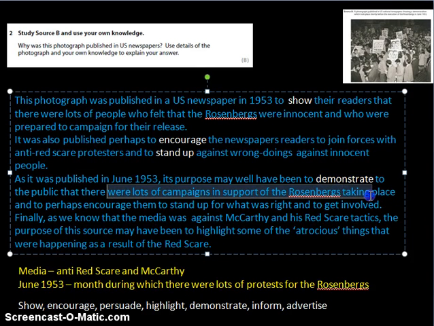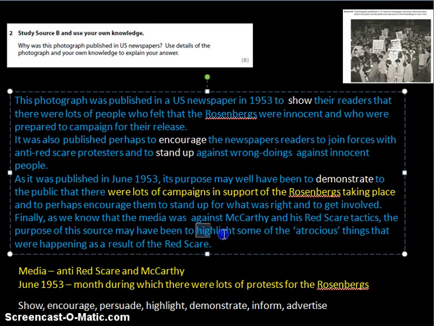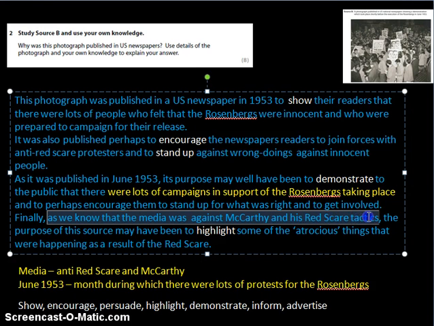This was a bit of our own knowledge because we showed that we knew that this was the month in which lots of campaigns were taking place. Finally, as we know that the media was against McCarthy and his Red Scare tactics, the purpose of this source may well have been to highlight. So there is our purpose word, and we knew that the media was against McCarthy.